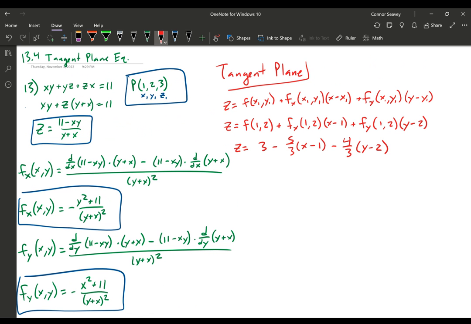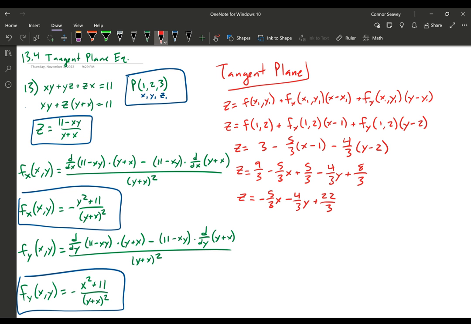And then after some distribution, and I'm also going to rewrite this 3 as 9/3, just because that will come in handy later, there's going to be negative 5/3 x plus 5/3 minus 4/3 y plus 8/3. And after collecting like terms, we're going to have negative 5/3 x minus 4/3 y plus 22/3.